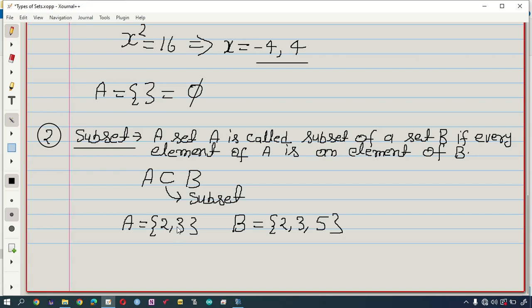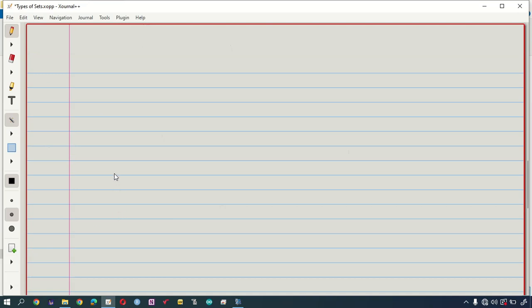So you can see that every element of A is an element of B. So you can write that A is a subset of B. Now understand another example.